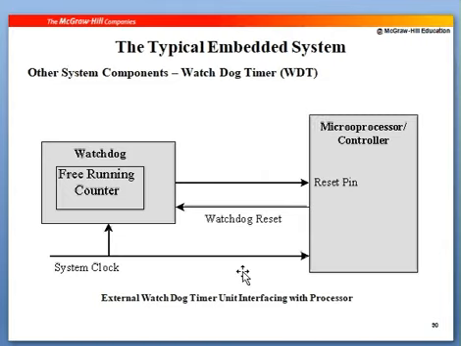This is the block diagram of the watchdog timer unit you have, and you have a controller, and assume that the firmware is actually the first program which will be run on this machine. When the firmware is running normally, you don't have any problem. Then you have a timer set in this watchdog unit.